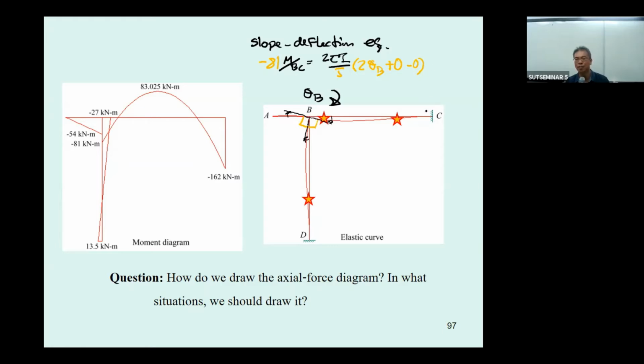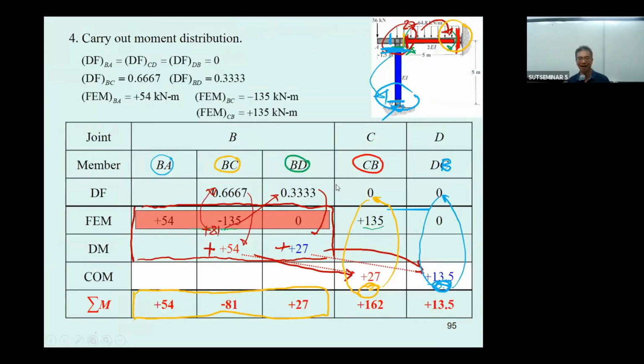And if you remember, we have the fixed end moment here, positive 135. Have this one is BC. Another one is going to be BD.